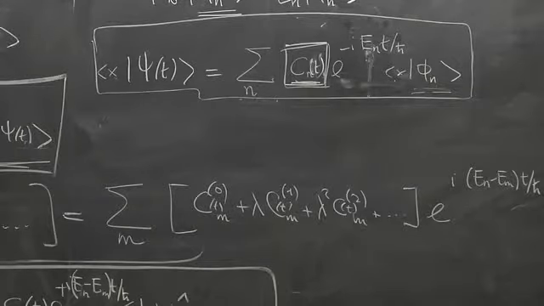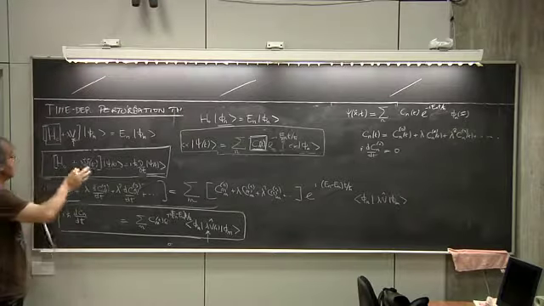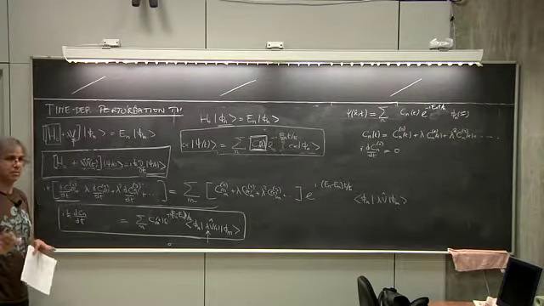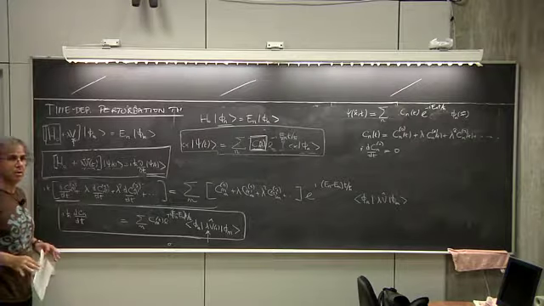So I don't know if the spirit of this is clear enough. This function is unknown. It's not that I know it in some limit because h0 is, no. Cn of t, I don't know it, okay?